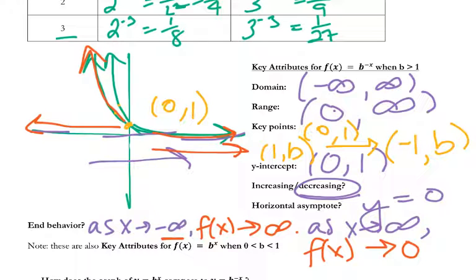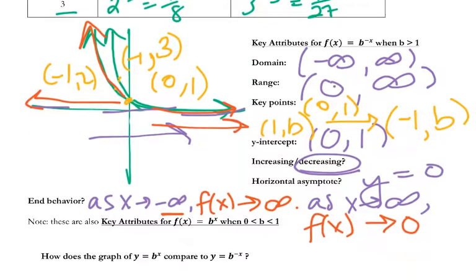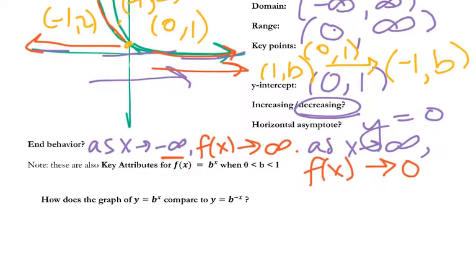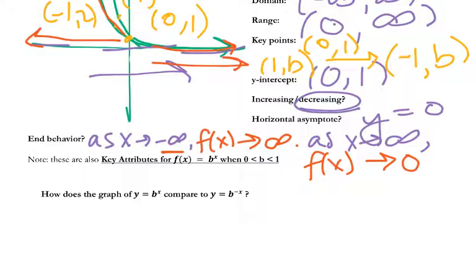So -1, 2 or -1, 3. Okay. So how does the graph of b to the negative x compare to b to x? It is reflected over the y-axis.